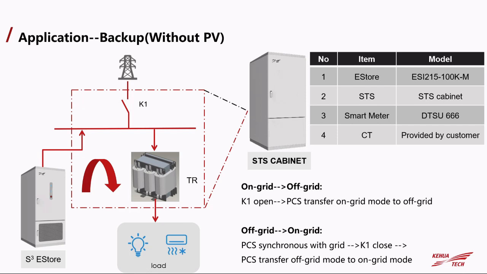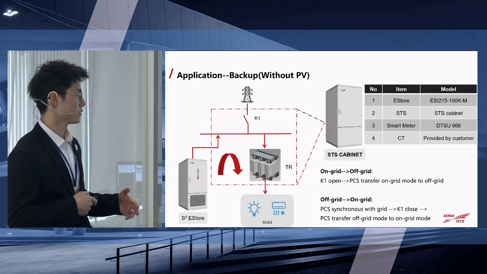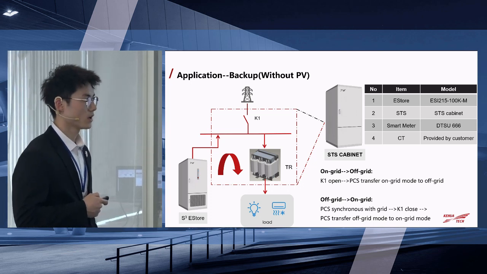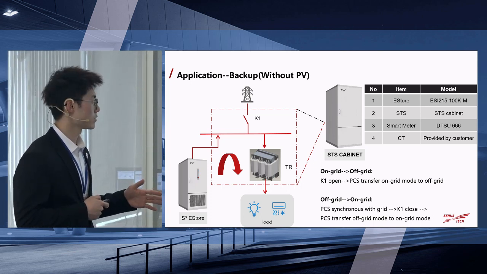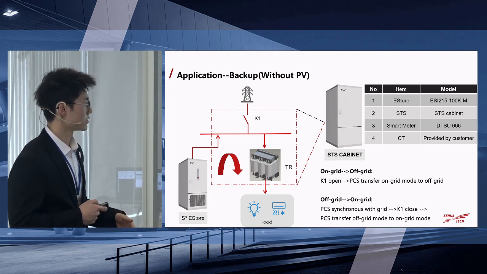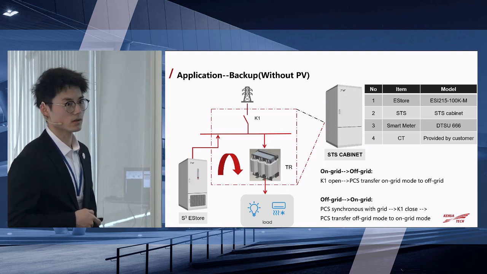And if the grid becomes normal, we can detect the voltage and frequency of the grid, and then the energy storage system can control the switch to close back to the on-grid situation. Then the grid can still provide power for the load.